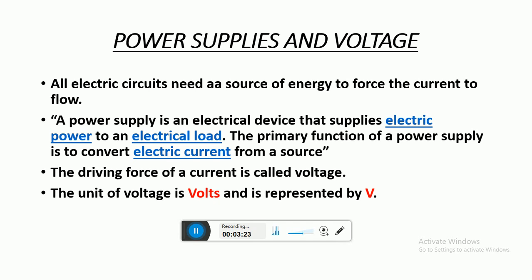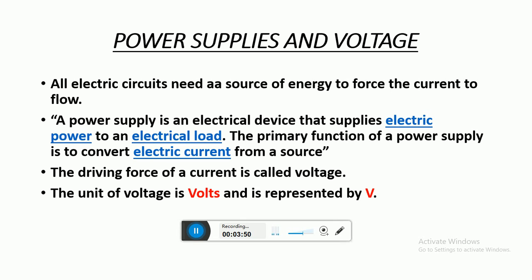A power supply is basically an electrical device that supplies electrical power to an electric load. So what is the basic function of the power supply? The primary function of a power supply is to convert electrical current from a source. Let's suppose we have a cell.